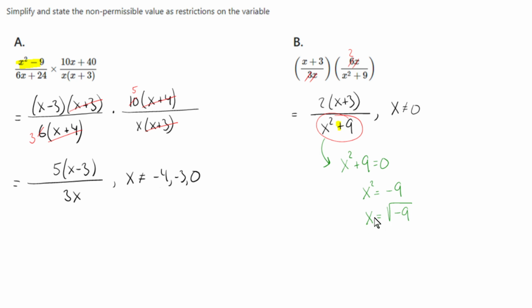So in this particular case, we don't have a non-permissible value here. There's only one non-permissible value, and that's 0. So here I'm just going to put a comment: cannot take the square root of a negative number or expression.